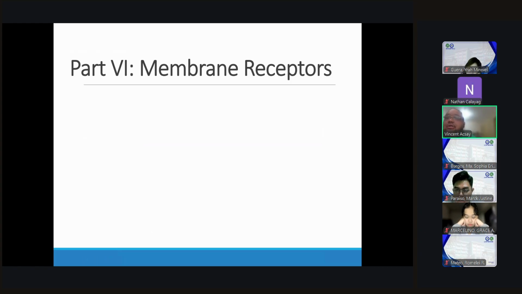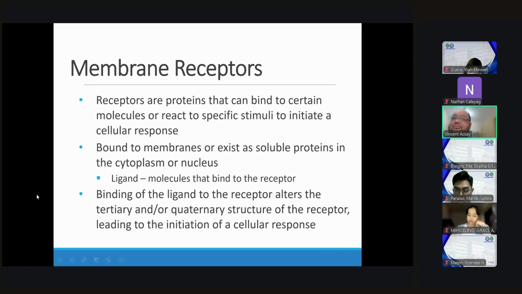And last, short na lang to, is membrane receptors. So these membrane receptors are proteins that can be bound to specific molecules or react to specific stimuli to initiate a cellular response. So these receptors exist as soluble proteins and are bound to membranes that exist within the plasma membrane itself, and then can target the cytoplasm or the nucleus.